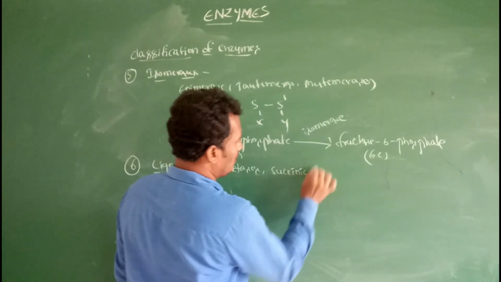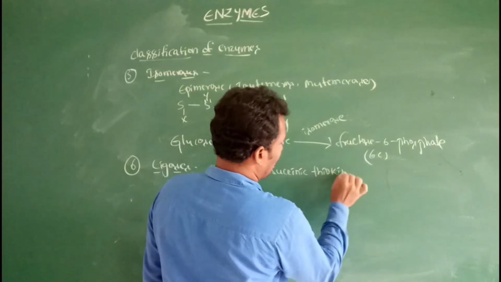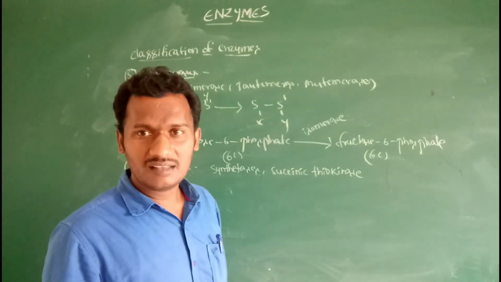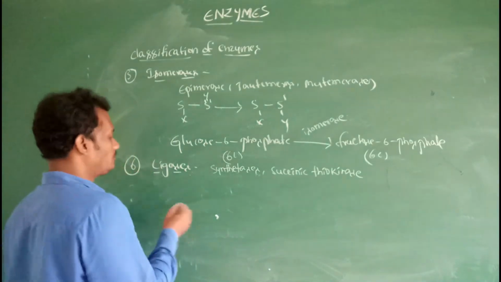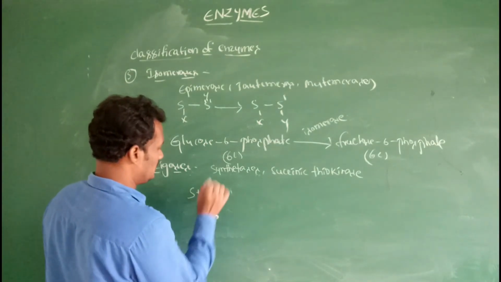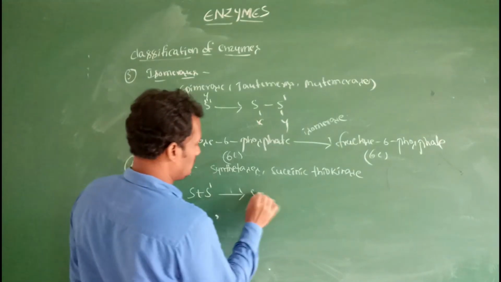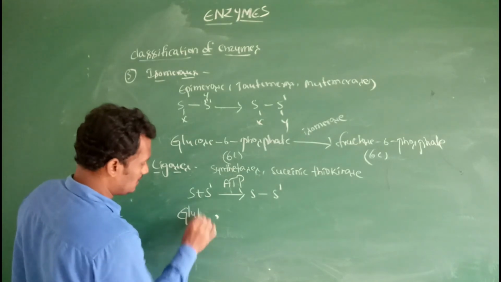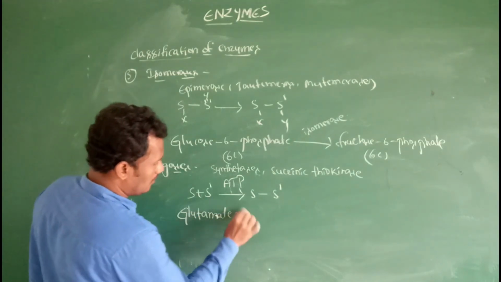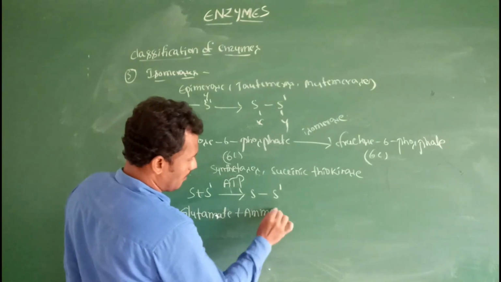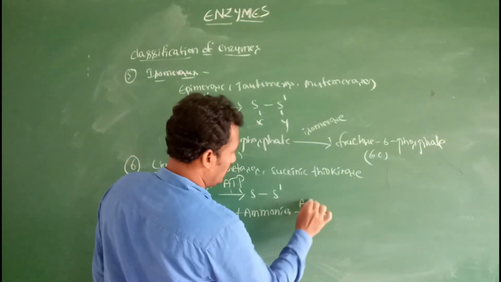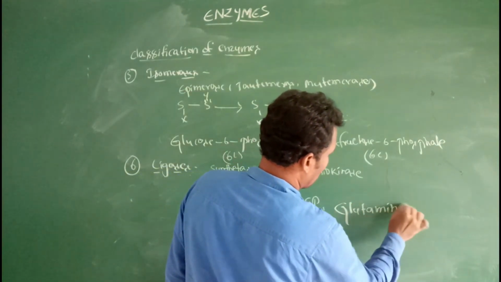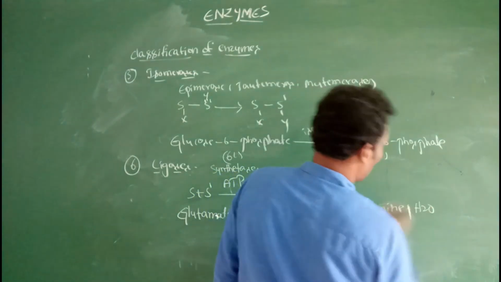Examples are all synthetases and the succinate thiokinase enzyme. For example, glutamate plus ammonia, by consuming ATP, forms glutamine and releases a water molecule.